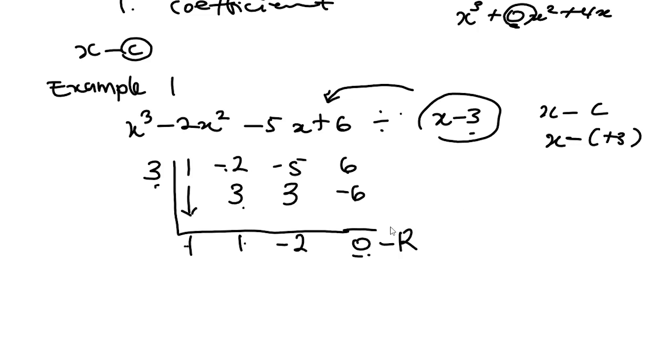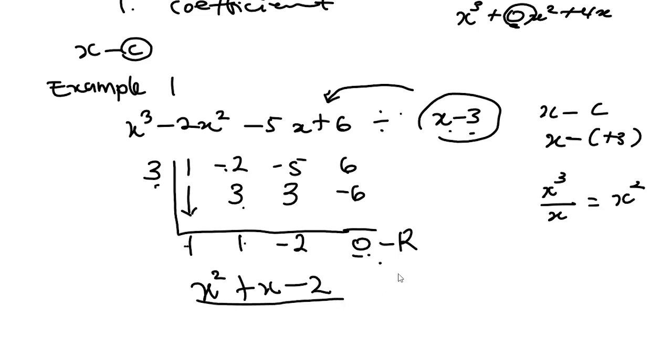Now, how do we write this? Let's take the first thing. We have x cubed, we divide by x, you get x squared. So our first term is x squared, plus x in that order, minus 2. Our remainder is 0. So this is the quotient after the division.